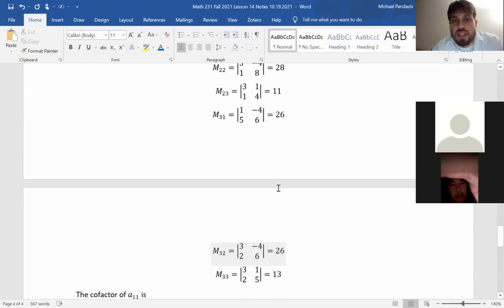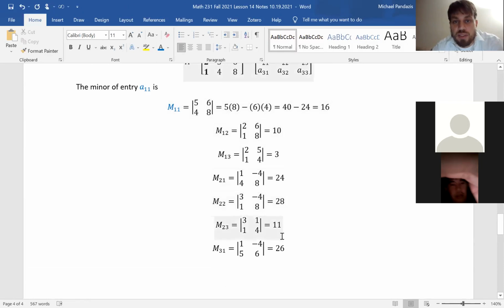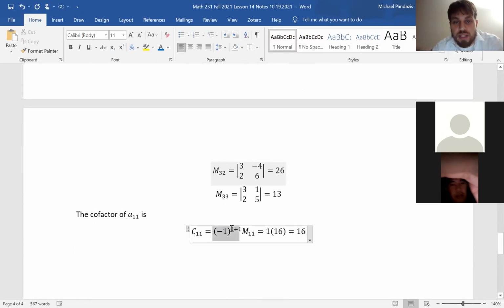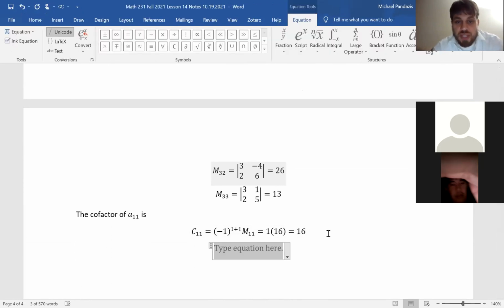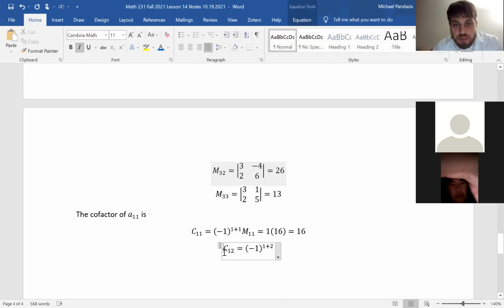All you're doing is taking each of these minor entries and multiplying them either by negative 1 or positive 1, depending on the power of negative 1. If you take C sub 1,2, this is equal to negative 1 raised to the 1 plus 2 power, because you're taking the sum of the indices, multiplied by M sub 1,2.